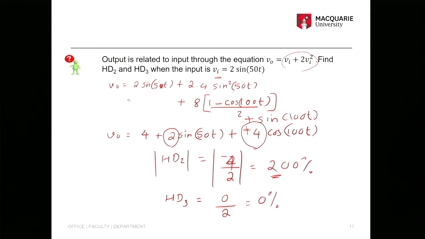So what is the HD at this time? Sorry, I didn't understand the question. Yeah, the formula of V0 plus more sine of 100t. I will have sine 100t and cosine 100t. So which one should I take to find the second harmonic?